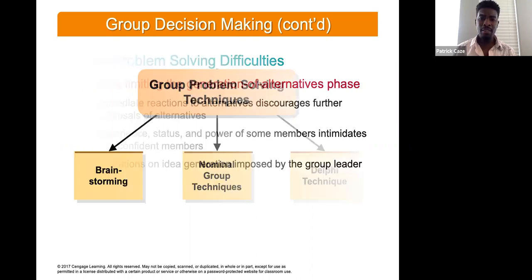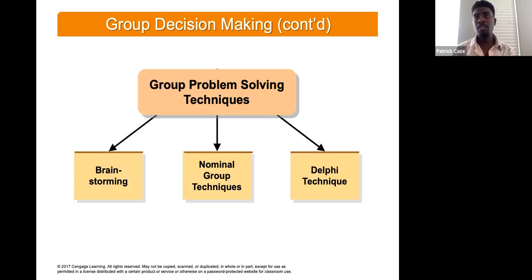We don't necessarily want that, because as a leader, you need to get the input of the people that work for you and with you in order to make the best decision, not just from your personal perspective. Nothing really turns out well when it's just one person making the decision. So we want to stay away from that and not have that be the way we do things. Okay.